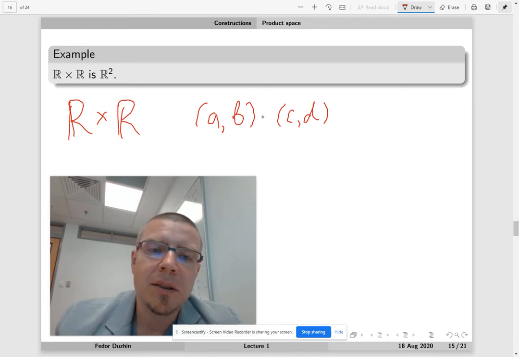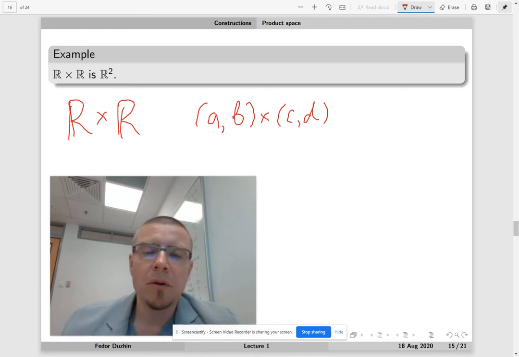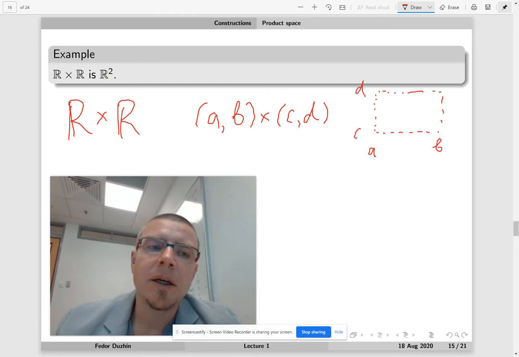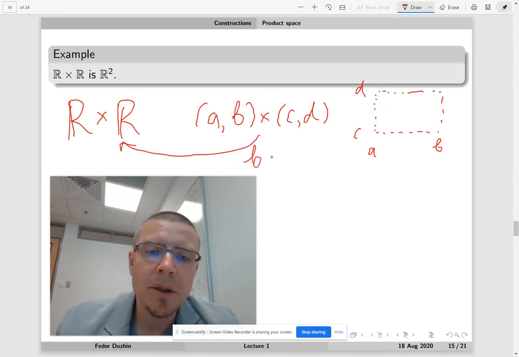All right, so if we form all products of an interval from A to B with an interval from C to D, which looks like an open rectangle, by the way, like this. So this is A, this is B, this is C, this is D. Then we get a basis on R cross R, a basis for a topology.